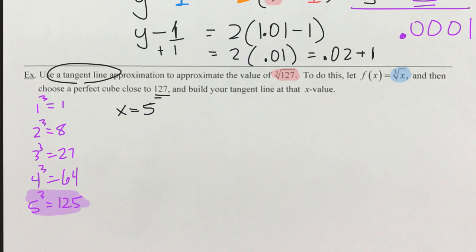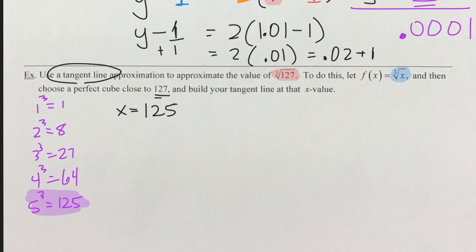No, x equals 125. Sorry, that is not right. We're going to let x equal 125. Because if we want to find something close to 127, 5 is not close to 127, but 125 is close to 127.